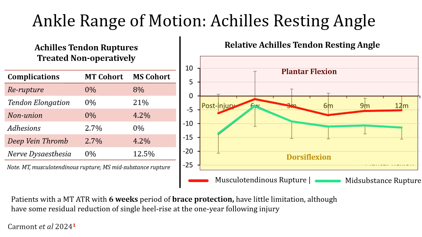So what we can see, the take-home story here, is that the mid-substance ruptures do a bit worse in regards to the ATRA, and you can see that the tendon elongation in the table shown to the left is that 21% of the mid-substance cohort had an elongation versus 0% in the musculotendinous ruptures.